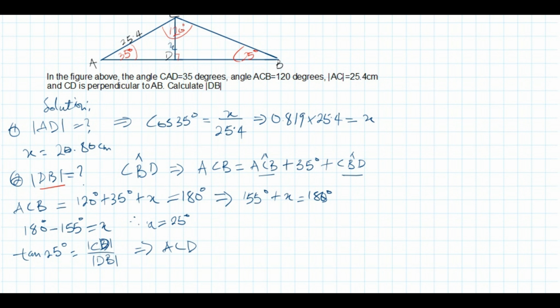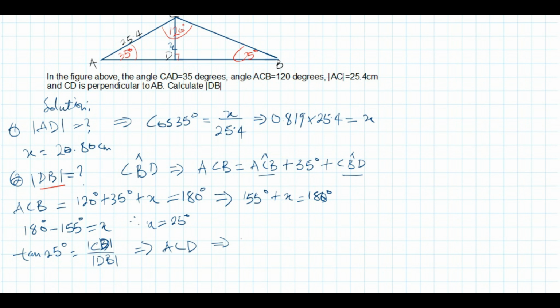So how do we do that? We use the equation where the hypotenuse squared gives us the adjacent squared plus the opposite squared.